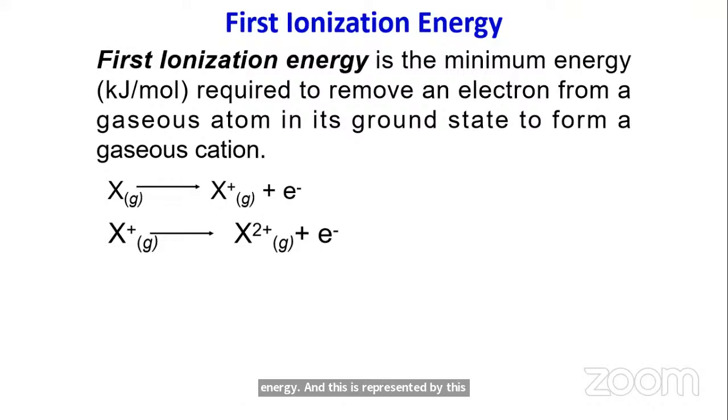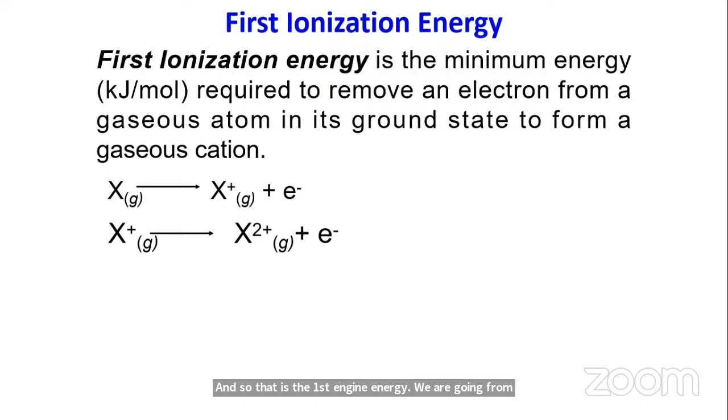You have X in gaseous state, where X is my atom, my element of interest, and it loses an electron to give me X plus, a gaseous ion, plus the electron. And so that is the first ionization energy. We are going from the atom to the ion.